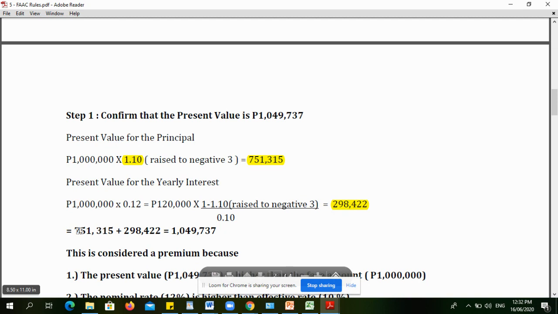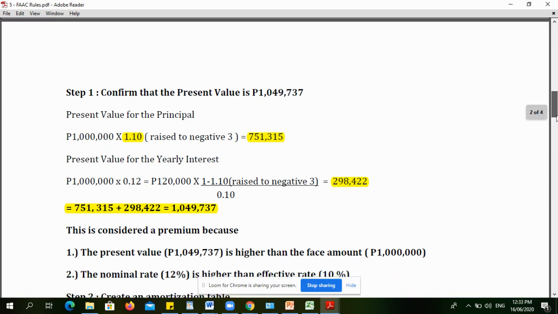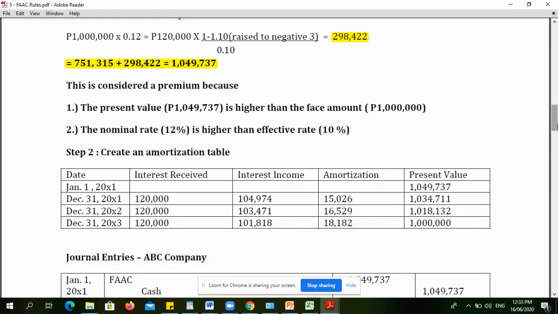So, what do we do next? We add 751,315 plus 298,422 equals 1,049,737. So this is the present value. Okay, why is this a premium?